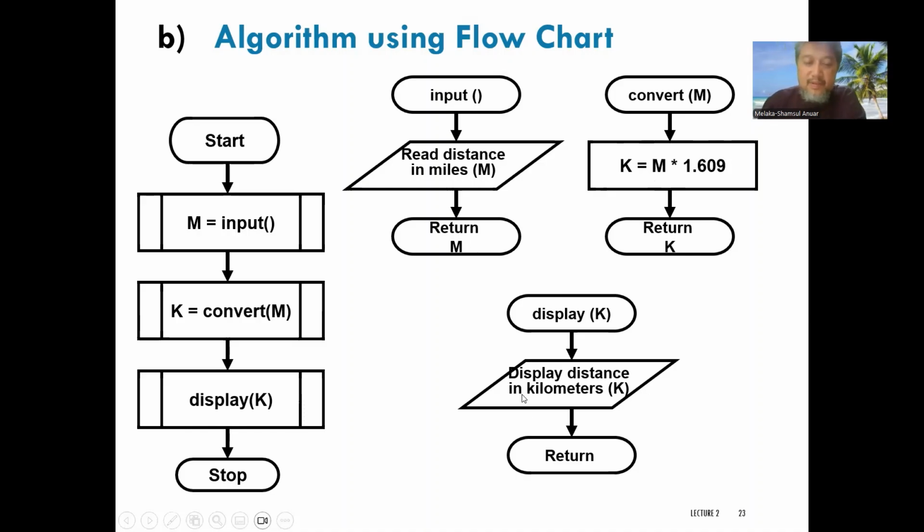And for the final one, display k. So k is already stored in the previous function, and then we pass it to this last function, and we just display it and then return.